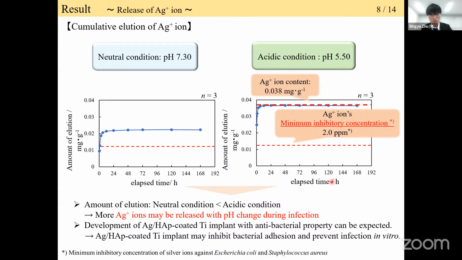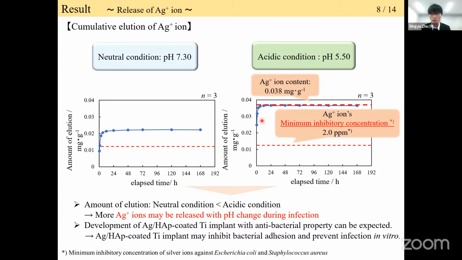Yes, thank you for your question. This is actually a problem that needs to be solved in my study. Currently, the control of the release of silver ions is not considered in my current study.